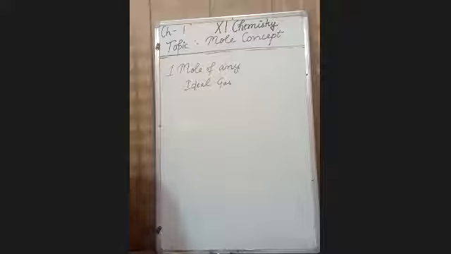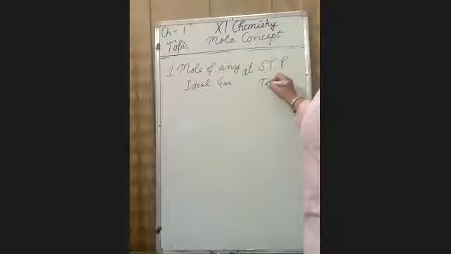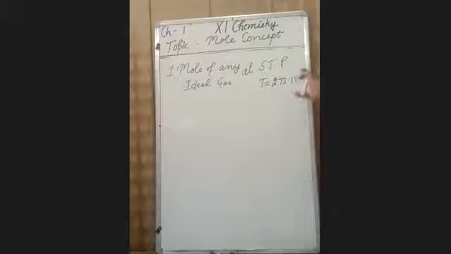So 1 mole of any ideal gas at STP. STP means standard temperature and pressure, which means temperature is equal to 273.15 Kelvin. But for calculation, we drop this part. We take exact 273 Kelvin and pressure is equal to 1 atmosphere.